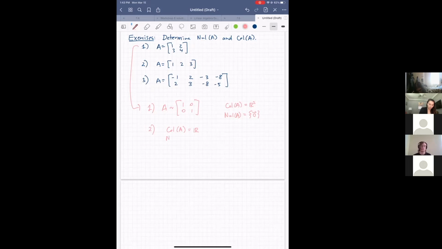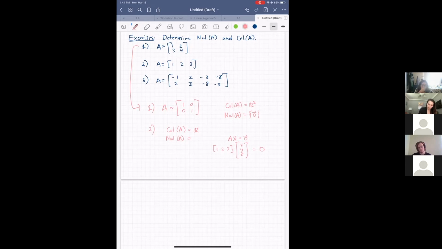And then the null space of A, remember, this is just solutions of AX equals 0. Writing that in terms of this matrix, I'll just use X, Y, and Z as my variables. What we get out of this vector multiplication is just 0, right? Instead of writing the 0 vector, because there's only one entry, I'm just going to write normal 0.